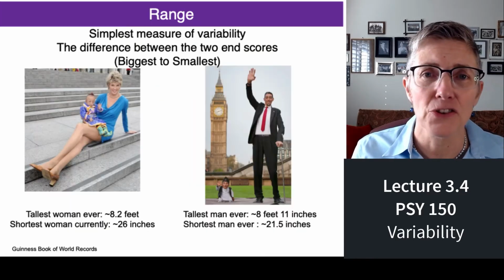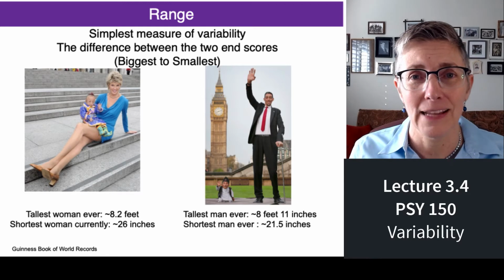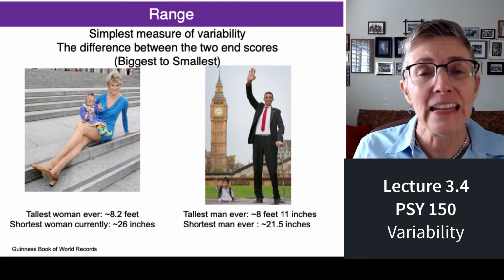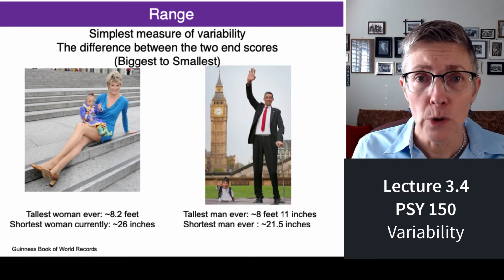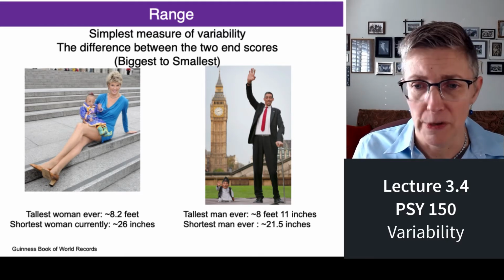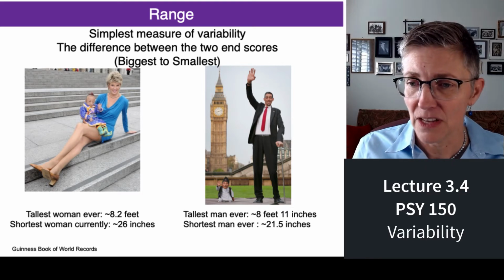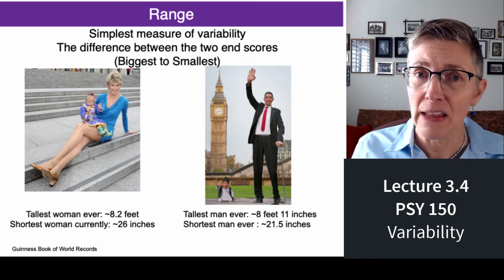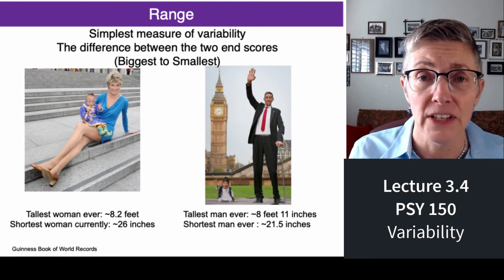Here are some pictures of men and women who appeared in the Guinness Book of World Records. Each picture shows, on the left it's women, the tallest woman who ever lived and the shortest woman who is currently alive. And on the right-hand side, you see the tallest man who's ever lived, 8 feet 11 inches, almost 9 feet, that's tall.